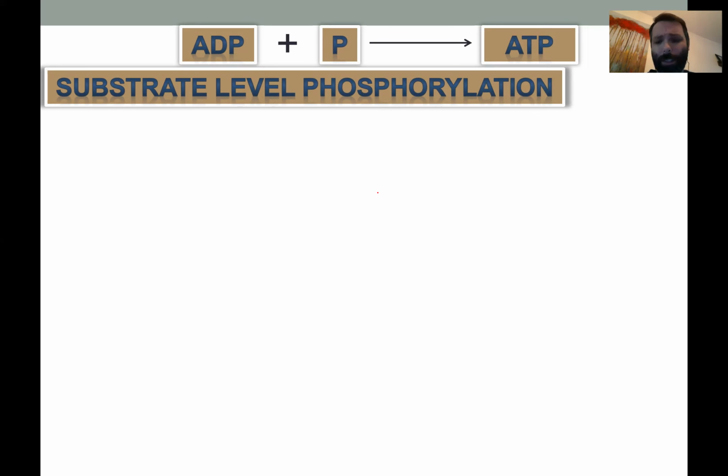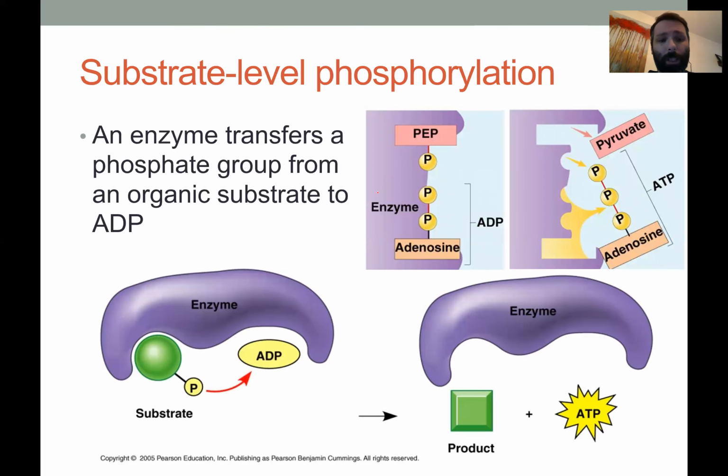I wanted you to see it right there, which is where we take a substrate that has some sort of phosphate on it that is readily accessible. We're going to take the phosphate off and give it to the ADP to make ATP, as shown in the bottom diagram, and also in this top diagram, although this one shows it more specifically with the ADP with the 2 phosphates becoming ATP with the 3 phosphates, right?